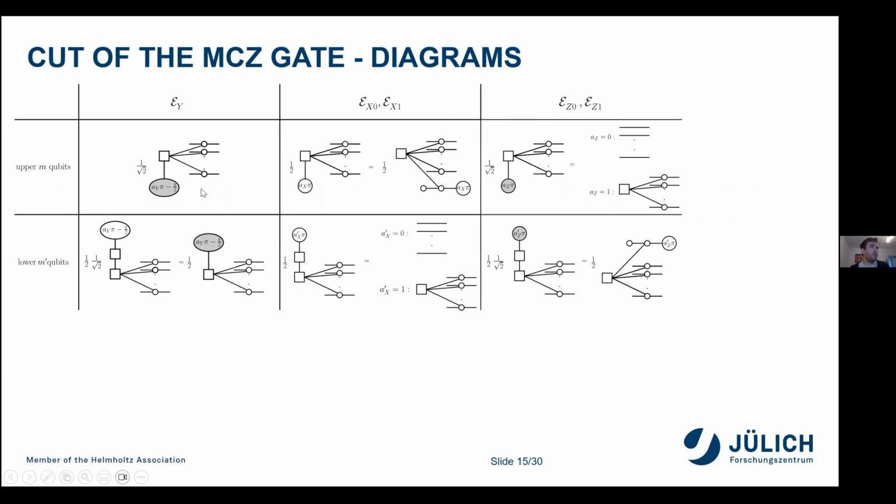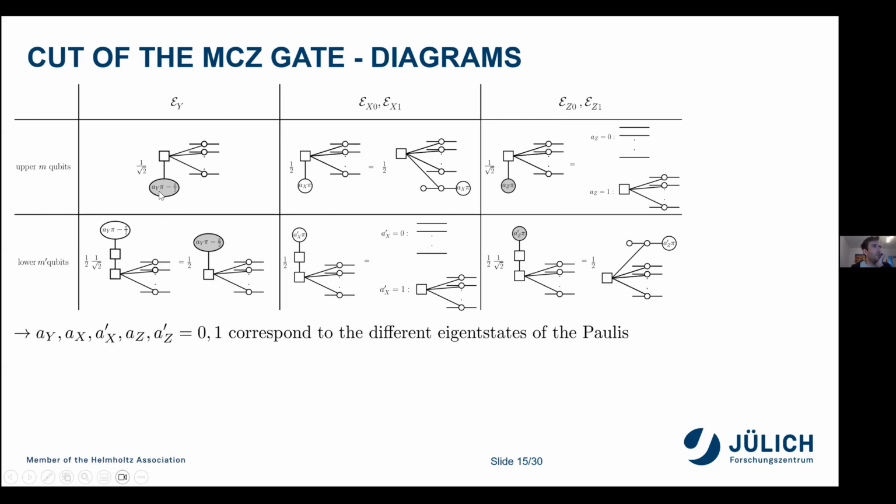If we do this, we simply insert the ZX diagrams for the wire cut, and we get different diagrams from the different terms of the wire cut. I first want to say that we defined these variables here, a_y, a_x, and a_z, and they can take the value 0 or 1.